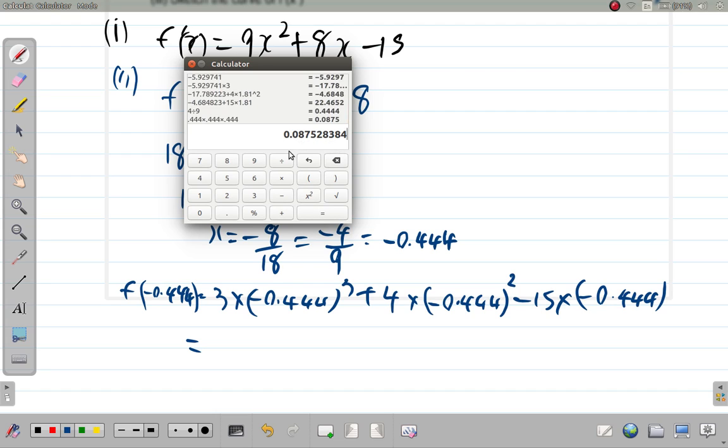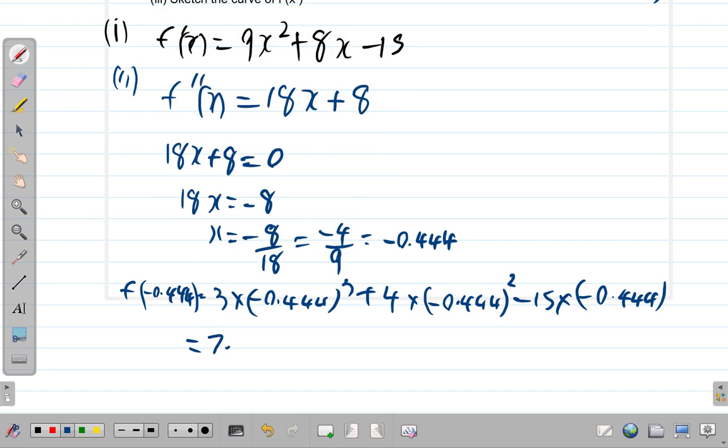This is 0.444 cubed times 3, and I know it's going to be a negative, so let me put the negative here. Now 0.444 squared, this is negative, it's going to be positive when you square it. So it's plus 4 times 0.444 squared. Minus negative is going to be plus. Plus 15 times 0.444 equals 7.19. So that's f of x.